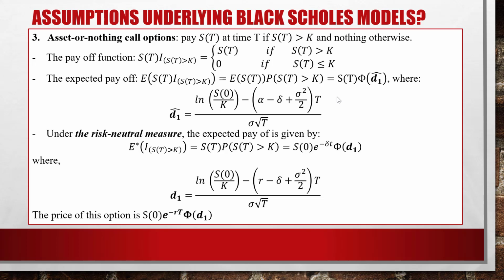Under the risk-neutral measure, the expected payoff is given by E*[S(T) times the indicator function of S(T) greater than K], which is S0 times e^(-δT) Φ(d1), where d1 is ln(S0/K) plus (r minus δ plus σ²/2) times T, over σ√T. The price of this option is S0 times e^(-δT) Φ(d1).